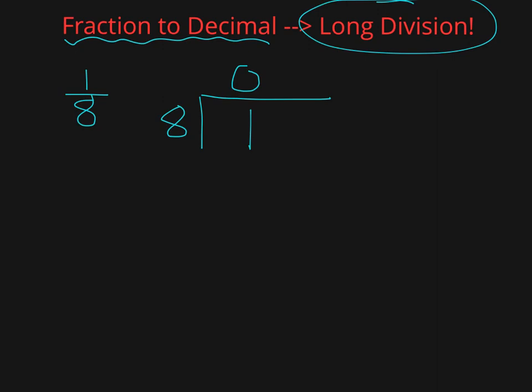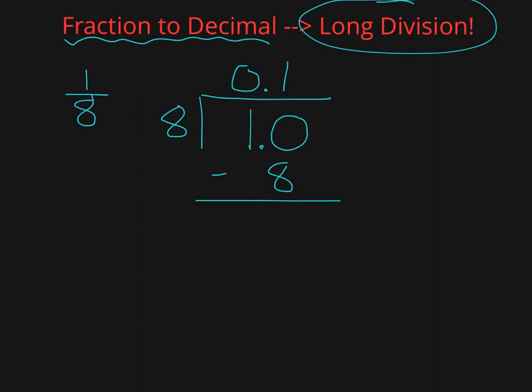0 times. So what you do, 0, put in my decimal, and then I add a 0. Pretend that decimal is not there, and we want to figure out, how many times does 8 go into 10? 8 goes into 10 once. 1 times 8 is 8.